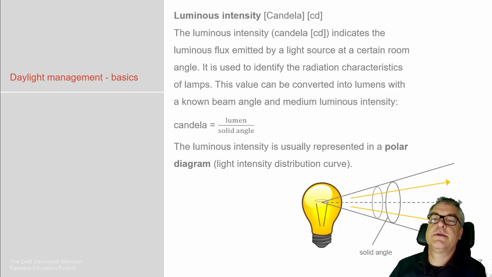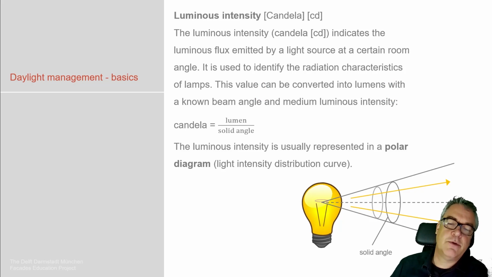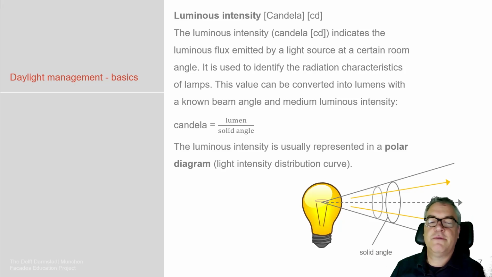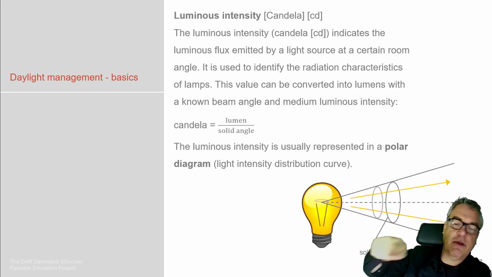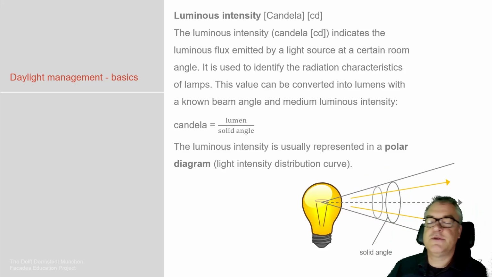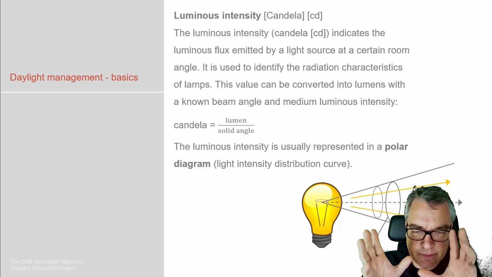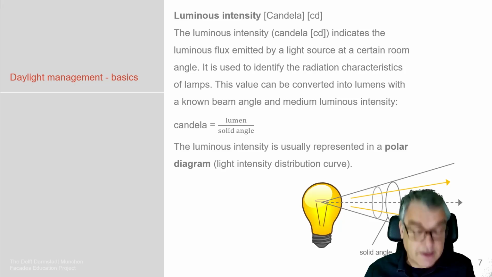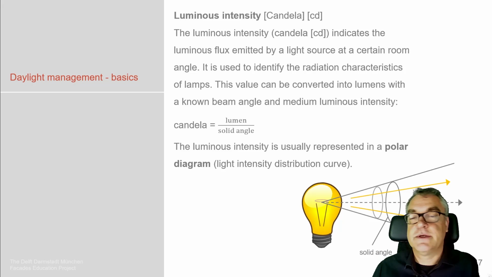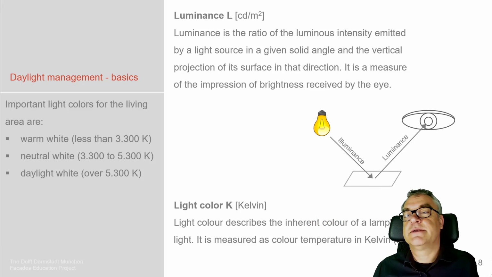Then the luminous intensity, the candela, which is normally given as a number or a graph, a polar diagram, these free-form curve diagrams, which are given for light sources to identify the performance of the light source as a result.